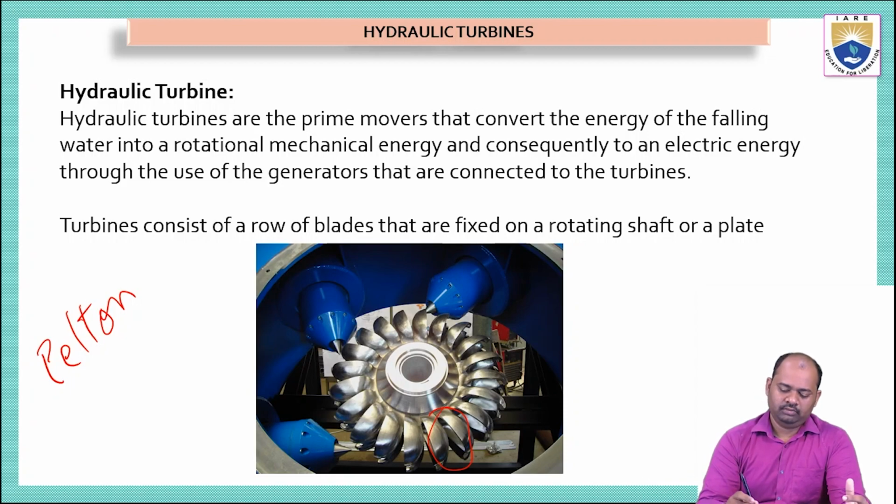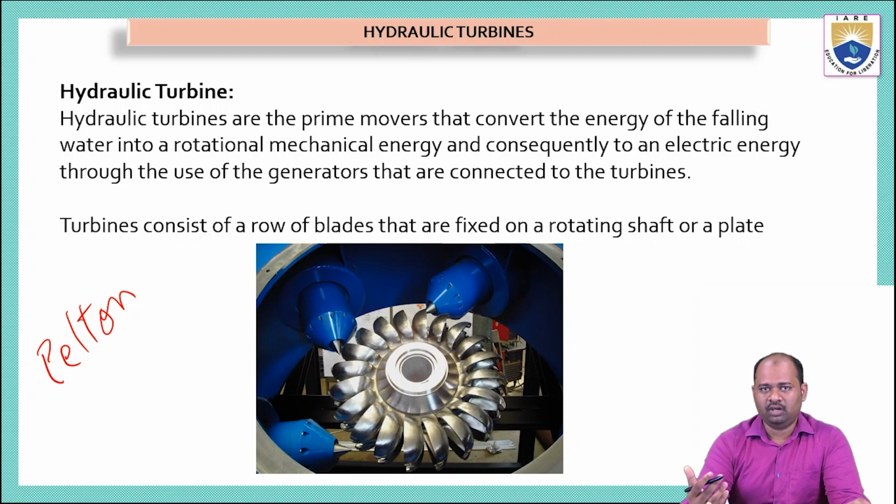So we can see in this picture, we have a wheel which is made up of aluminum. The best thing about aluminum is that it is lightweight and also strong. Now this aluminum wheel is the hydraulic turbine.